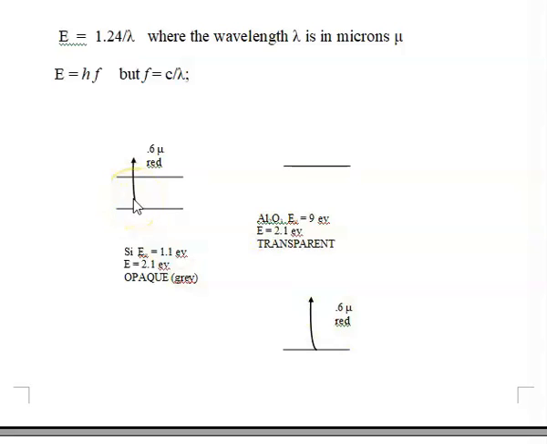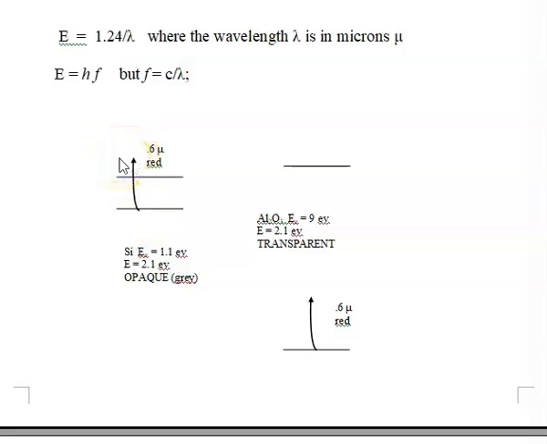Well, on the silicon, the energy of the red photon is higher than the band gap, so the photon is able to kick an electron out of the valence band and push it right up into the conduction band.